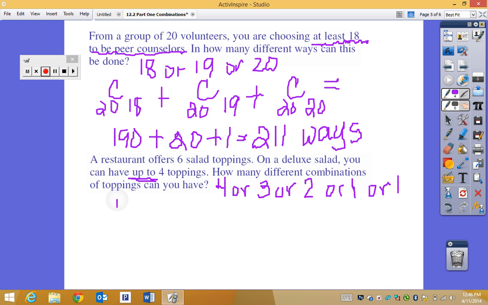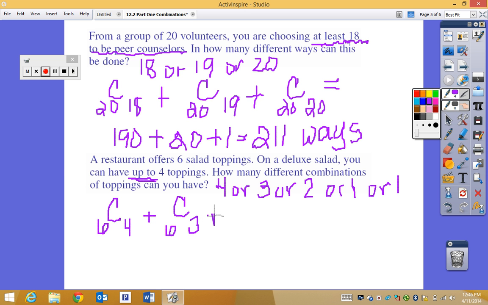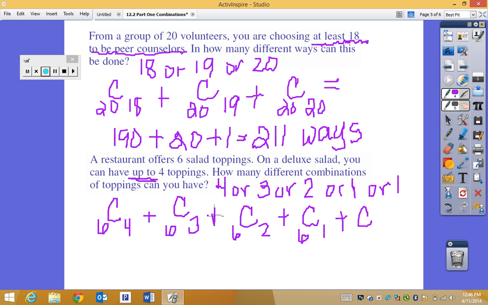There are 6 toppings, and I'm going to select 4 of them. Or there are 6 toppings and I'm going to select 3 of them. Or there are 6 toppings and I'm going to select 2 of them. Or 1 of them. Or none at all.